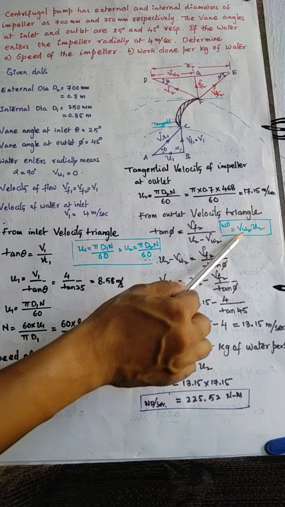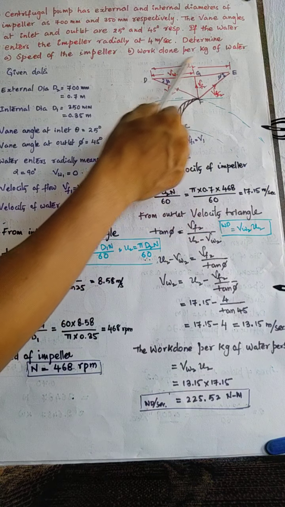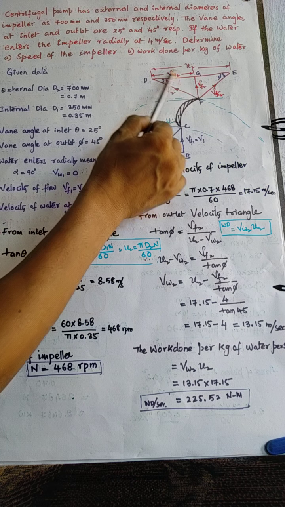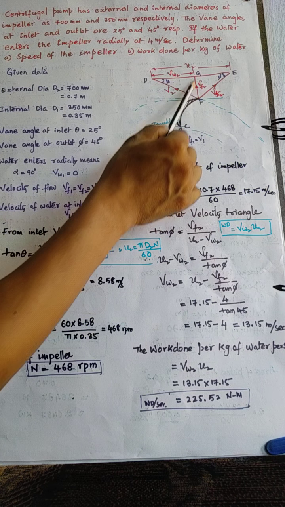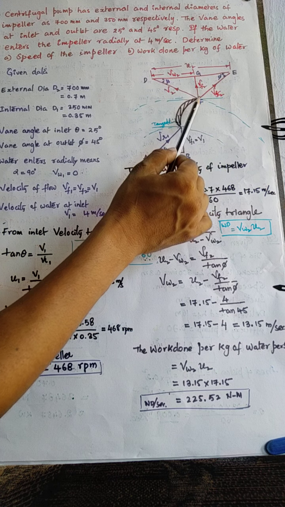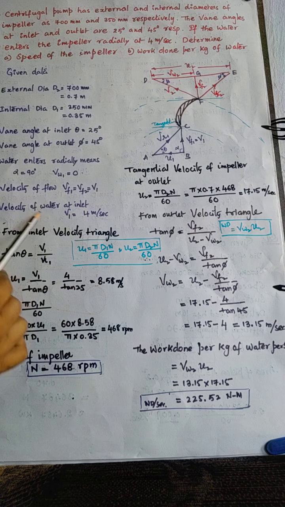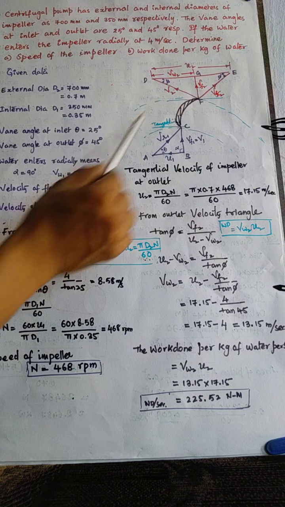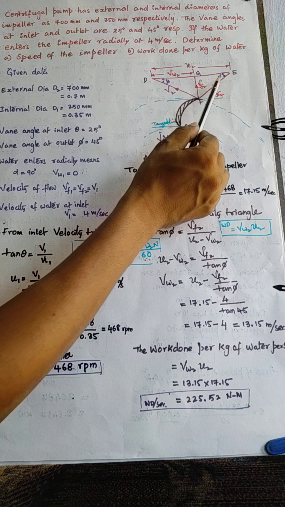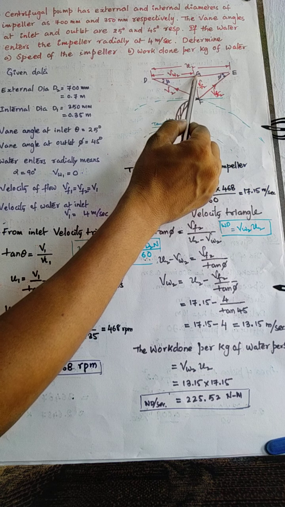Now the second value you have to find is Vw2. To find Vw2, we use the velocity triangle at outlet. Vw2 is this one, but you cannot get it from this triangle. That is why we consider the GFE triangle, where phi, the vane angle at outlet, is given as 45 degrees. With this triangle you can write tan phi equal to opposite by adjacent.